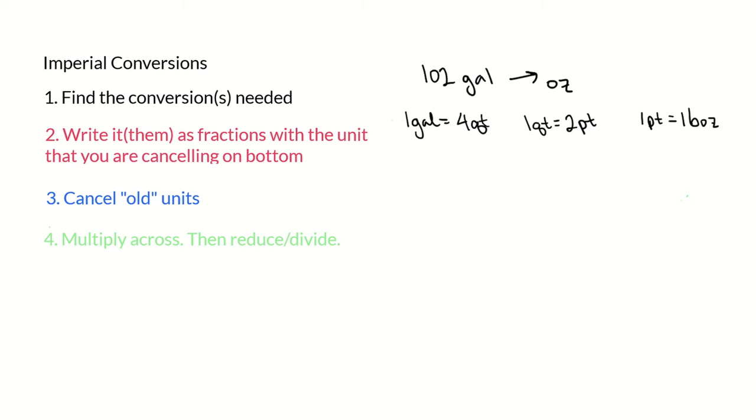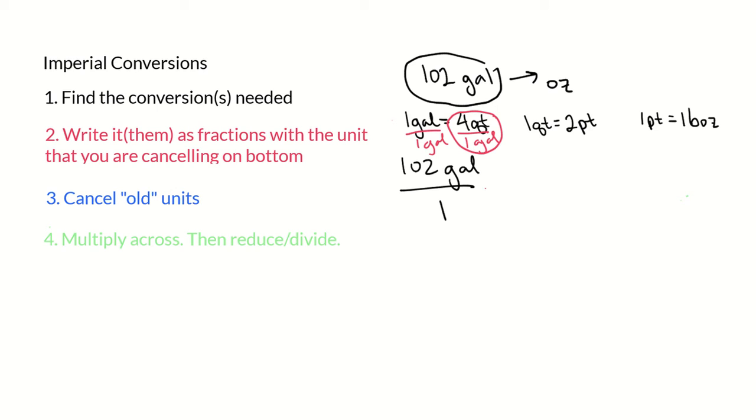So now we start with our initial measurement, write that as a fraction, 102 gallons over 1. We're going to write out our remaining fractions with the unit we want to cancel on the bottom. First we want to cancel gallons, so this first fraction, let's divide both sides by gallons. And we'll use this fraction, so times 4 quarts over 1 gallon.